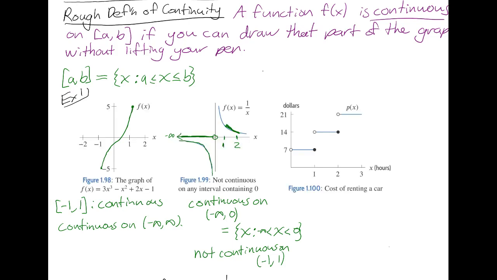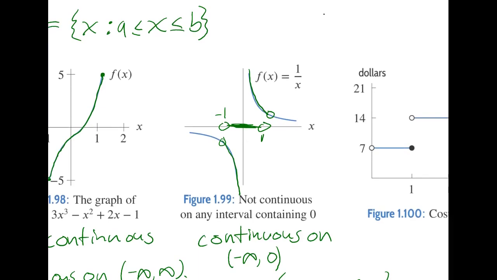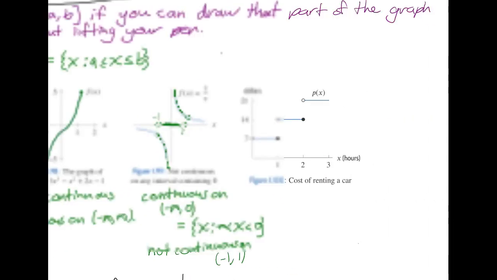Let's try that a different way. Okay, so if you show the interval from -1 to 1 looks like this, it's all of these numbers in between there, and you could draw this part of the graph, and you could go down forever, but then you have to lift up your pen to come back up here. Okay, so that one is not continuous there.